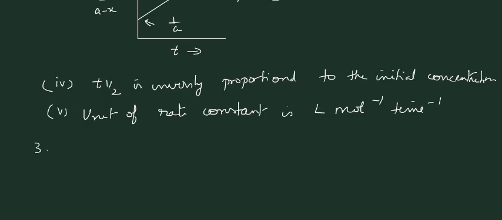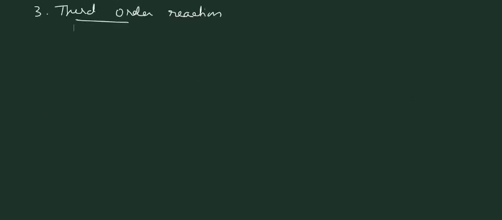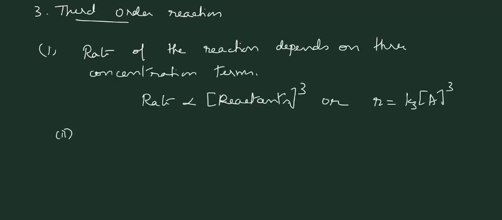Now we will see third order reaction. The characteristics of third order reaction: rate of the reaction depends on three concentration terms. So rate is proportional to concentration of reactant in the whole cube. R is equal to K3 into A cube.